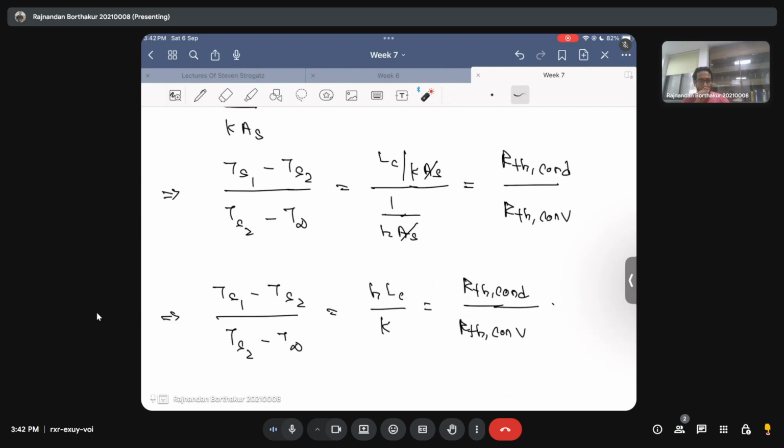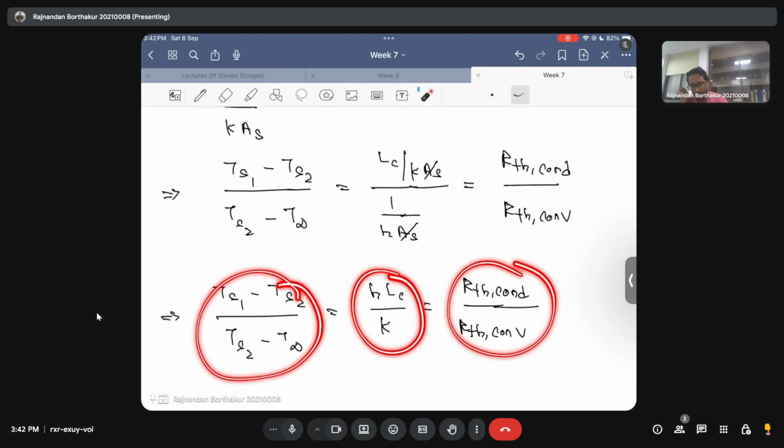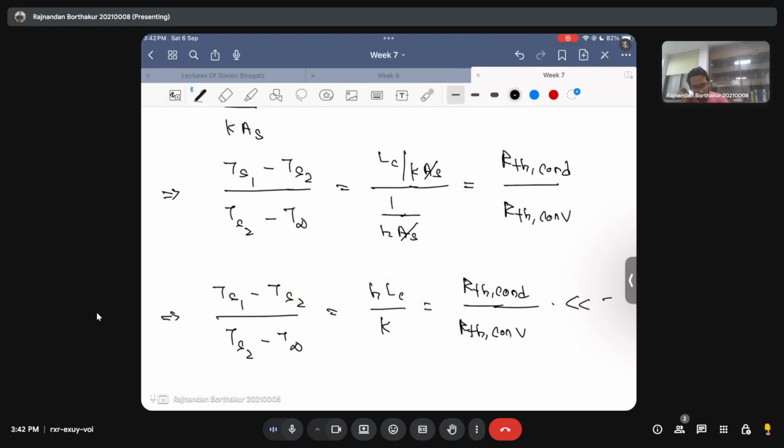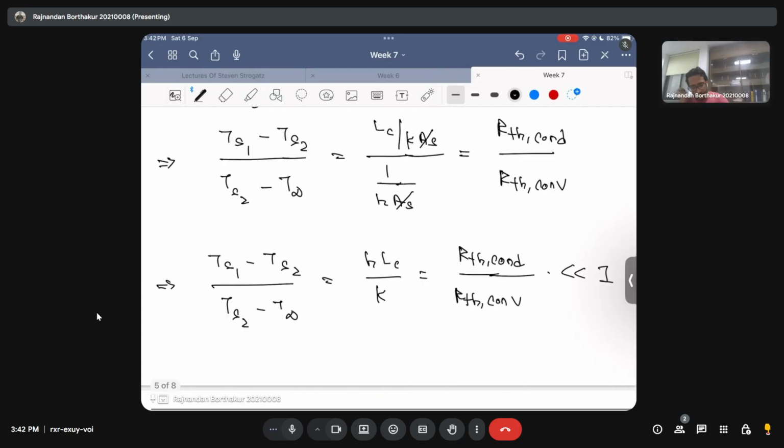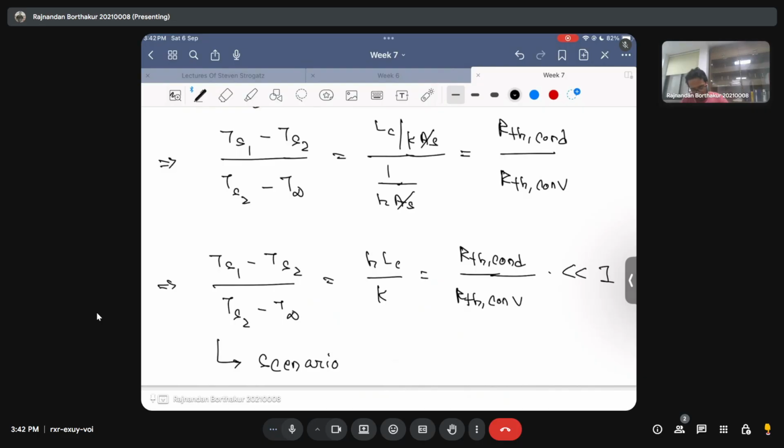Okay, now the lumped capacitance model is valid when these ratios, that is either this ratio or this ratio or this ratio, have to be less than 1. This is the scenario where the lumped model works.